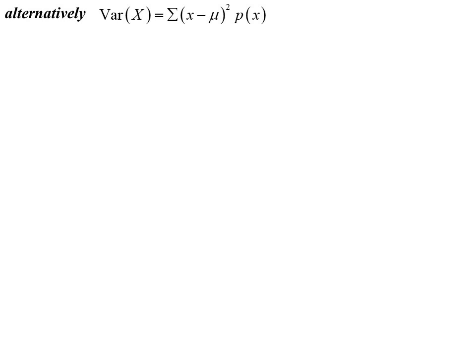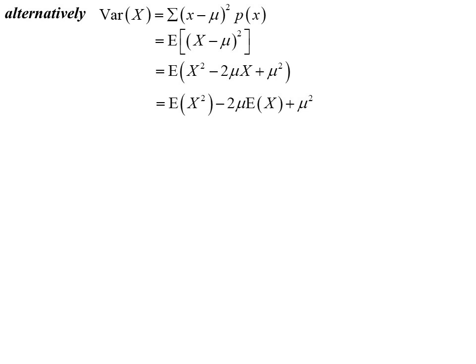Because if we play around with our expected value, remember this is the expected value of the deviation squared. Now if I use those laws of expectation, I can simplify this. If I expand out (x minus mu) squared, I get x squared minus 2 mu x plus mu squared, but we had a law that said we could break those up, in this case into three different expected values. The first one will just be the expected value of x squared. The second one, I can factorise the constant out of that sum, so I get 2 mu times the expected value of x.